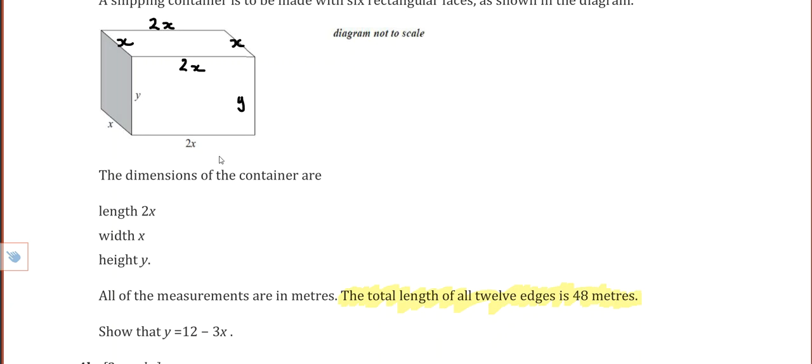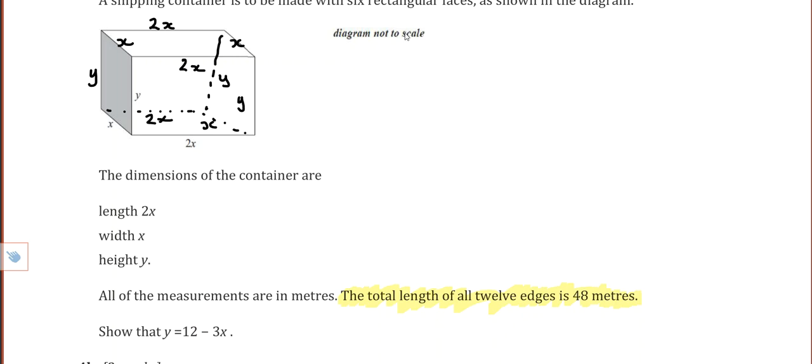Okay, and then this one would be y. And then what am I missing? So I'm going to have these here. So that would also be a y. This would be an x, and this would be a 2x. So I just need to check I've got them all.